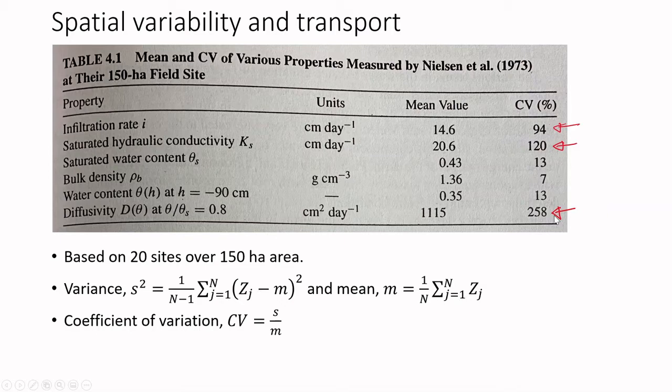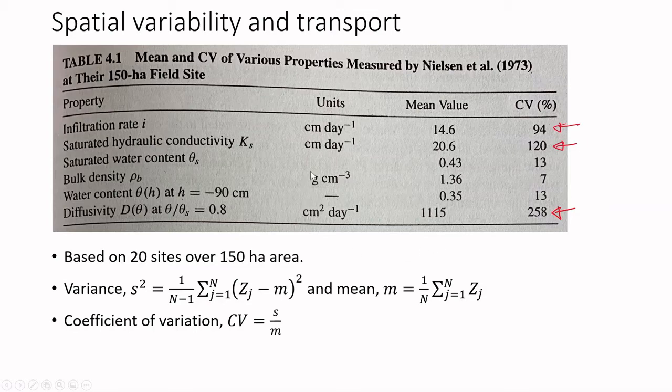So spatial variability is always there. The more locations we collect for the parameter, the more representative the value will be that we measure for the site. For example, in this case, the infiltration rate is 14.6 centimeter per day. This is the average value over 20 sites.